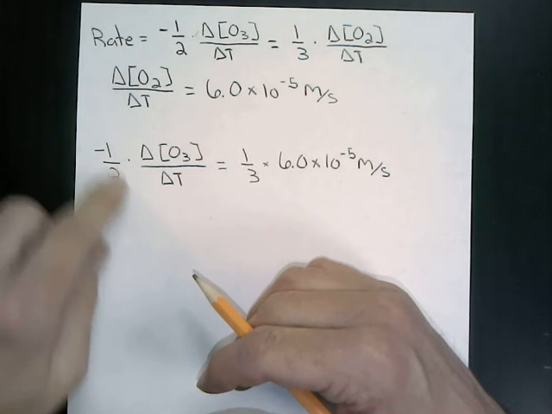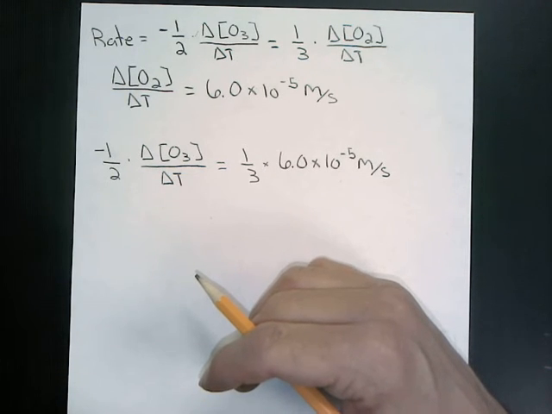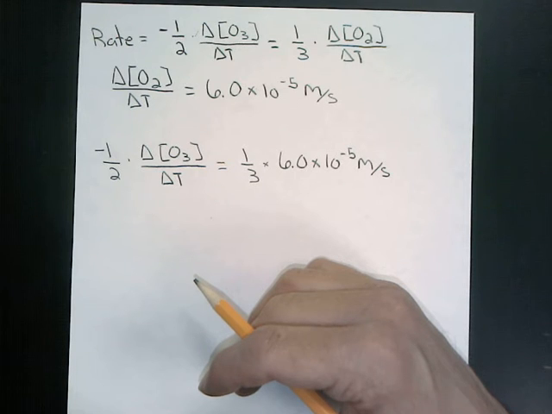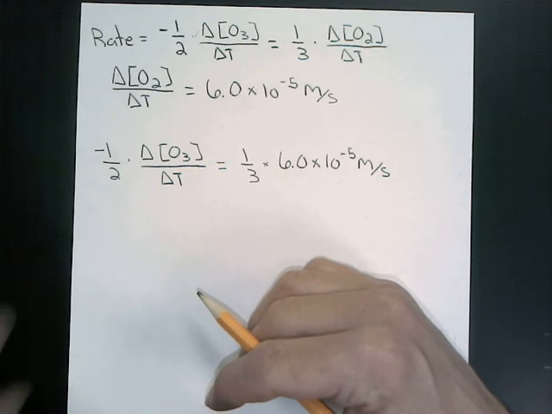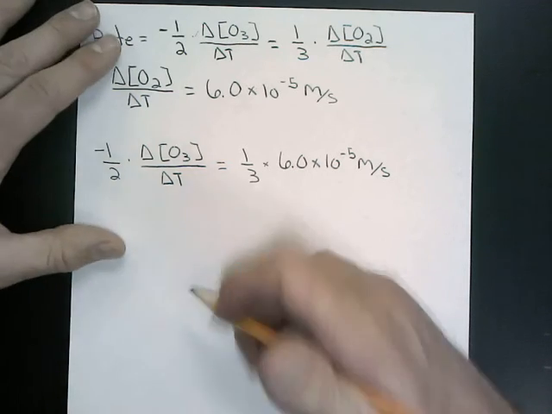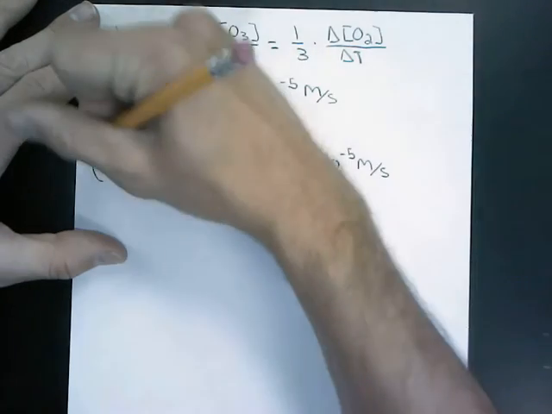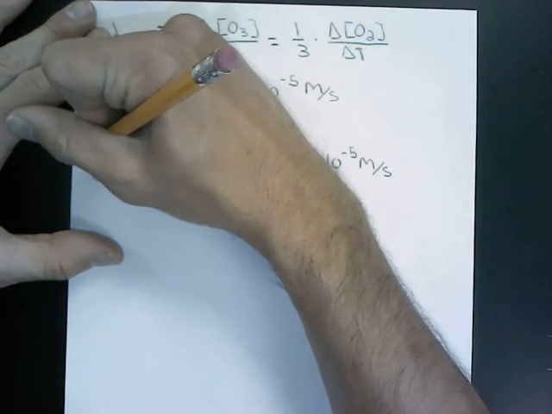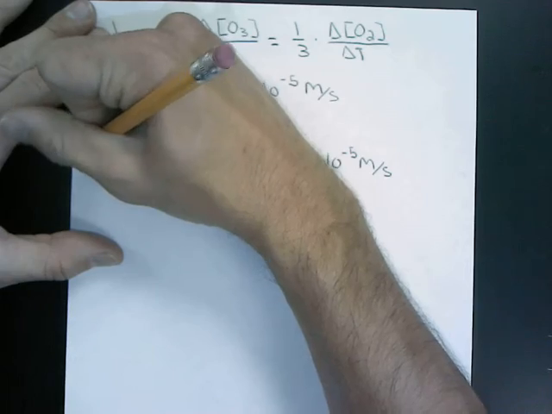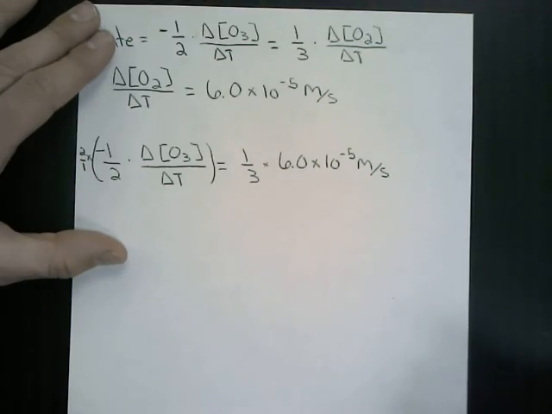This 1 over 2, we don't want that. The problem said, if you look back, we want the change of concentration of ozone per the change in time. So to get rid of this 2, what I'm going to do on both sides is multiply everything by 2 over 1. Get rid of that 2.